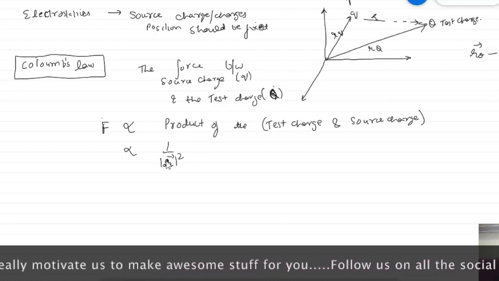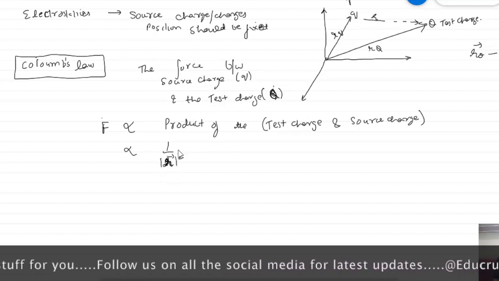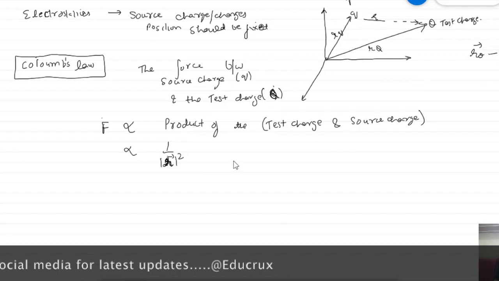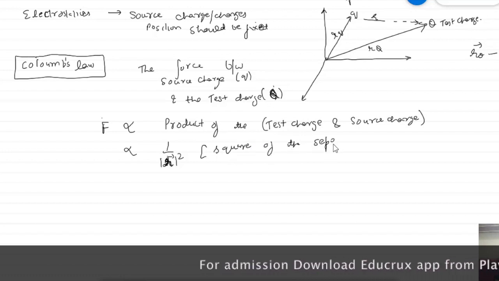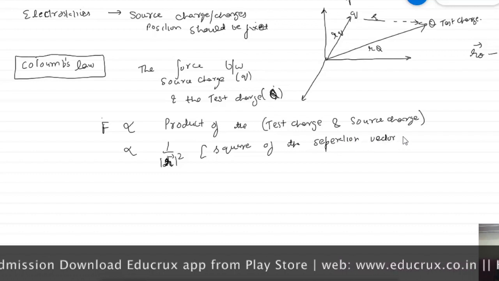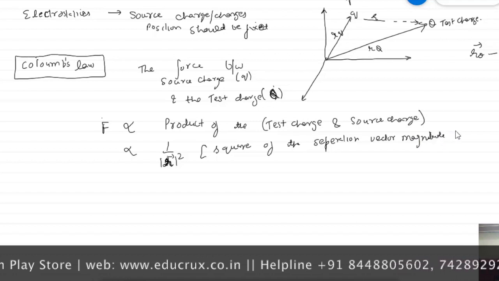I have put up a mod. Mod means I have taken the magnitude of this separation vector and squared it. So my force depends inversely on the square of the separation vector magnitude.